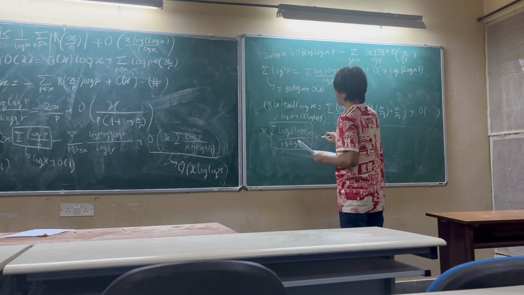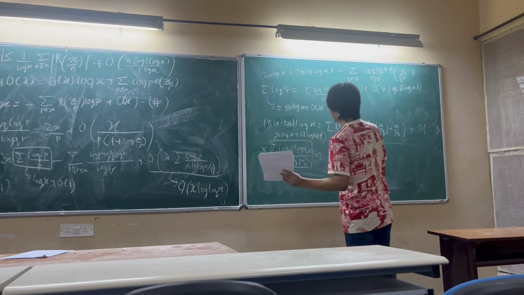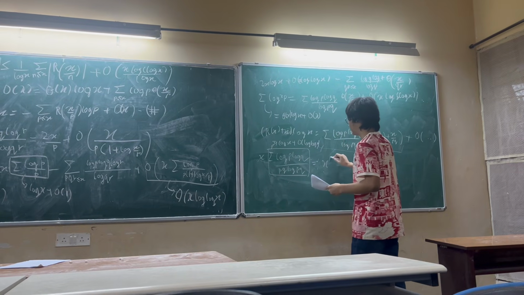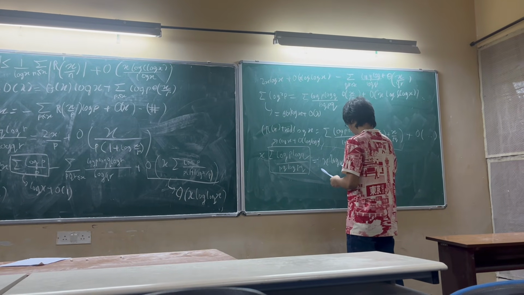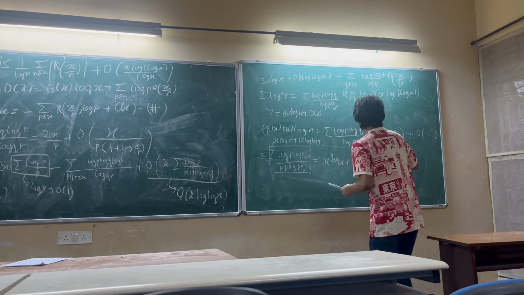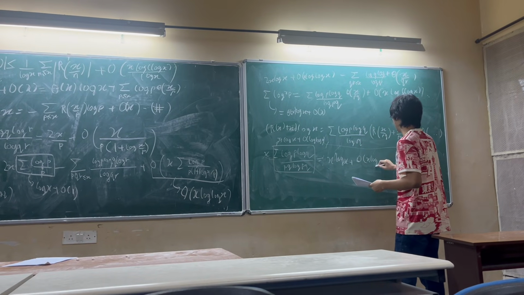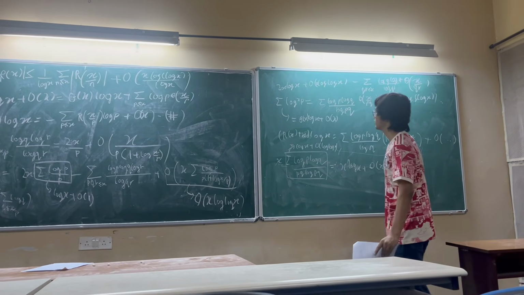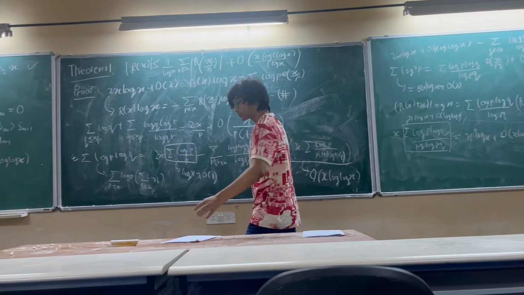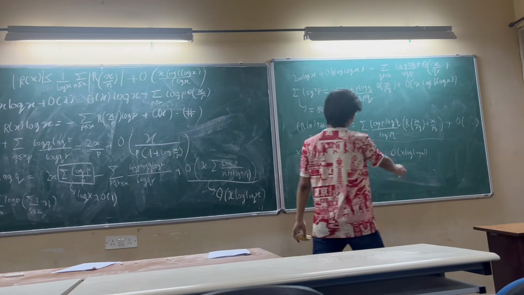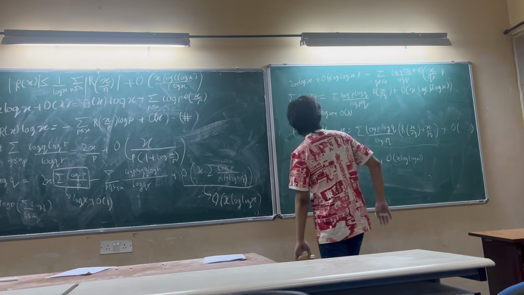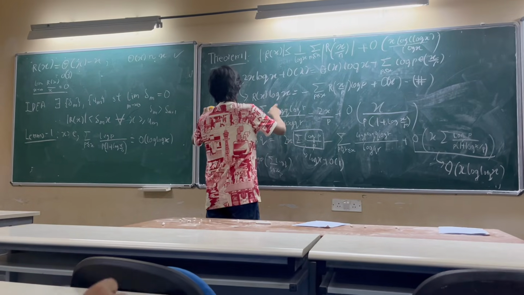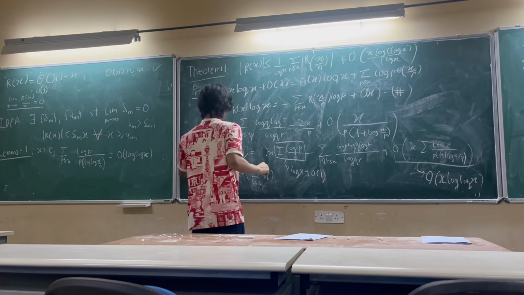And from there, using this, we state now without proof that this whole expression right here will simply have the order x log x plus something of the order of x log x. That's one term. Now for the second term, it will be R of x by p cube multiplied by log p log q divided by log of p cube.